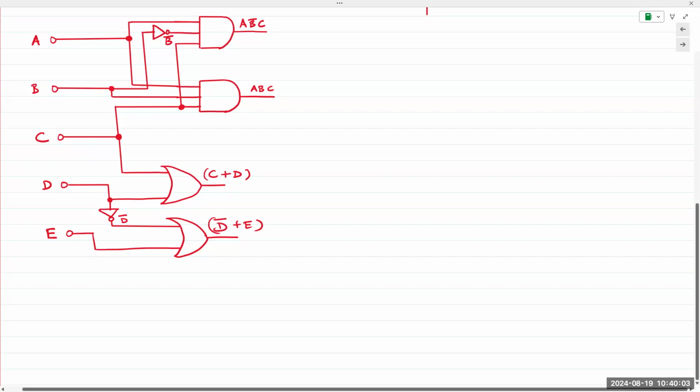Okay. C plus D and D not plus E, the outputs of which are fed to an AND gate. Thus, here we obtain C plus D and D not plus E. So we have our three terms.